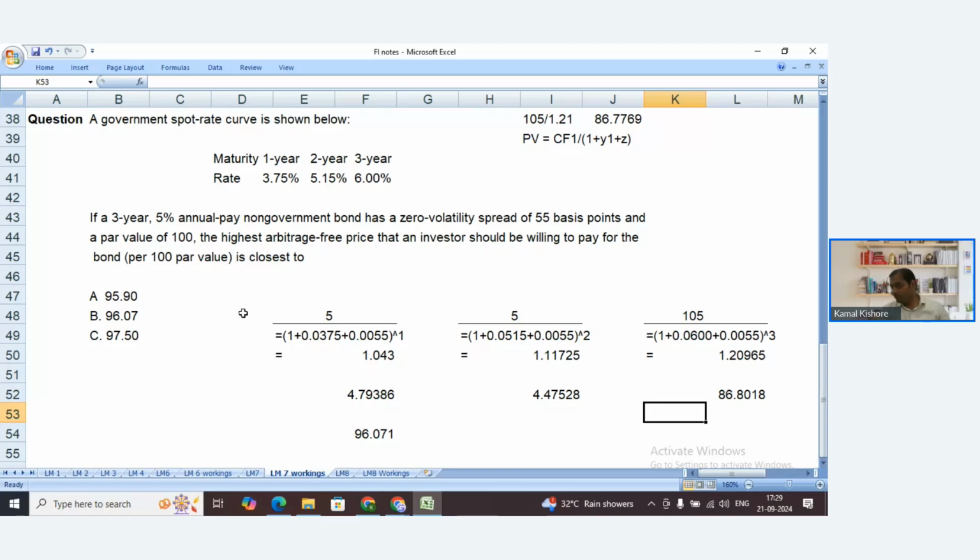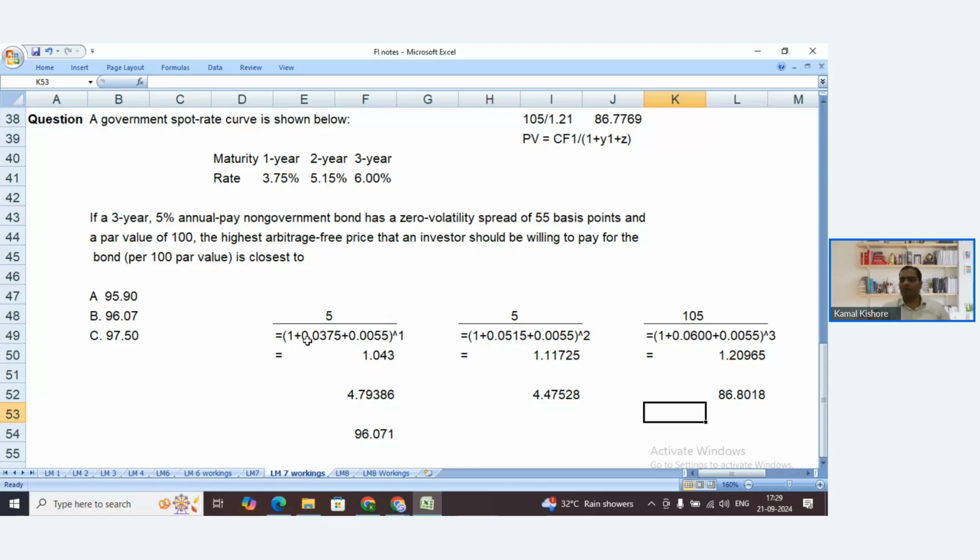The discount rate is changing every year, no? That is what we are doing. The Z spread is the same, 55 basis points. That is the spread over the benchmark yield, between the government bond and the corporate bond.